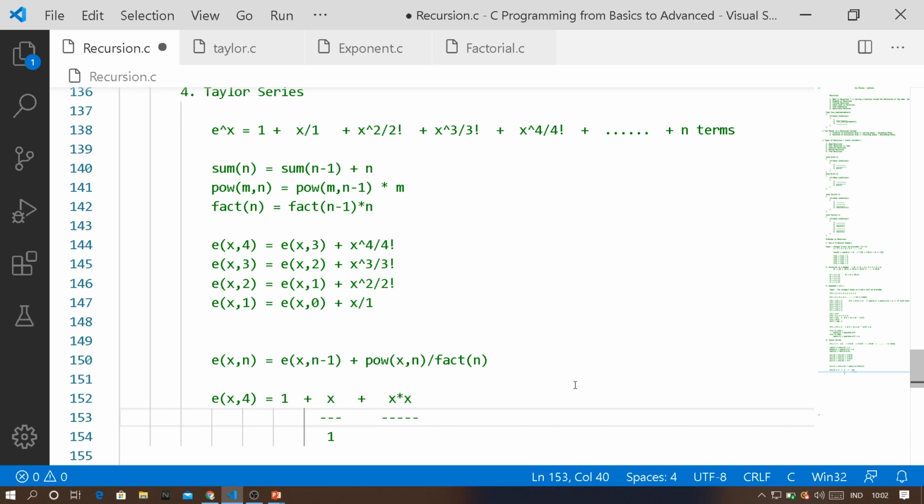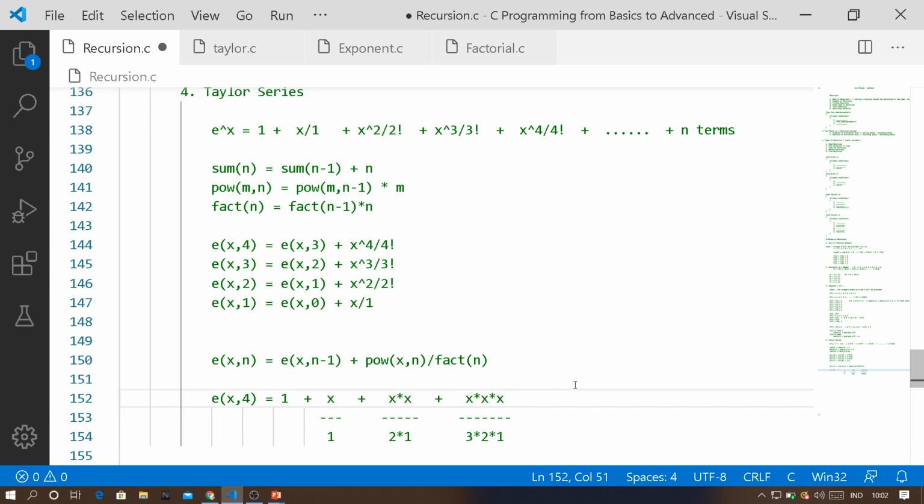What is 2 factorial? 2 multiplied by 1. So 1 plus x divided by 1 plus x square divided by 2 factorial, then plus x cube, which is x multiplied by x multiplied by x, divided by 3 factorial. What is 3 factorial? 3 multiplied by 2 multiplied by 1.